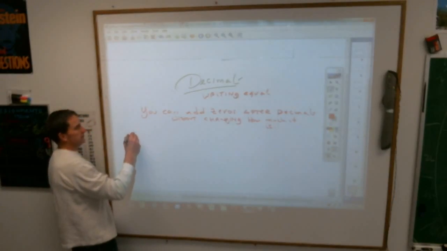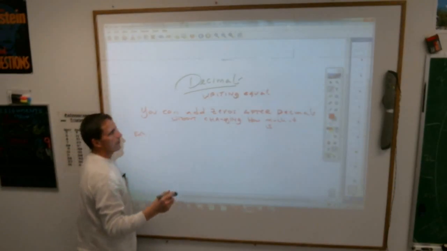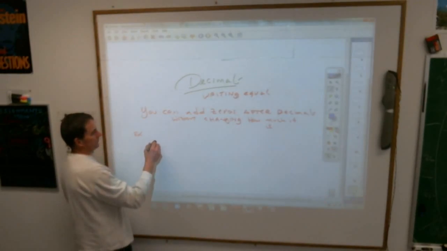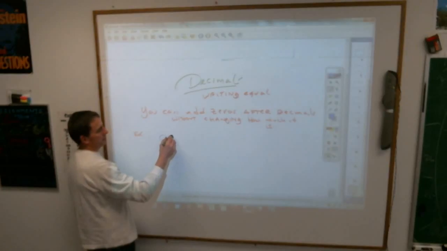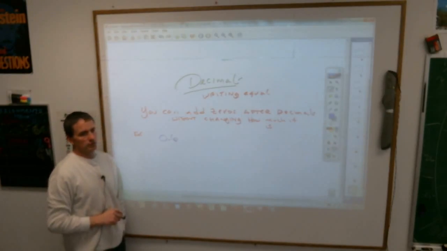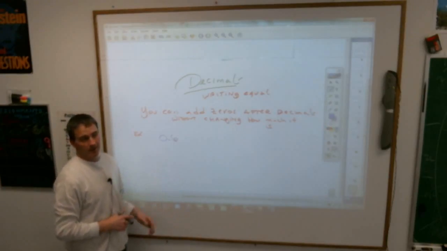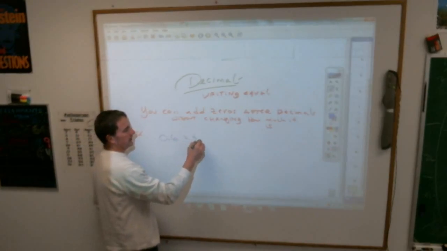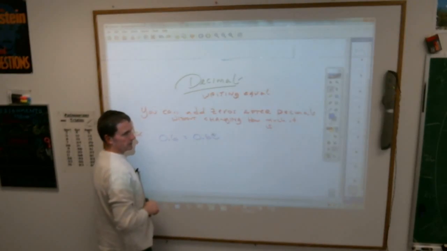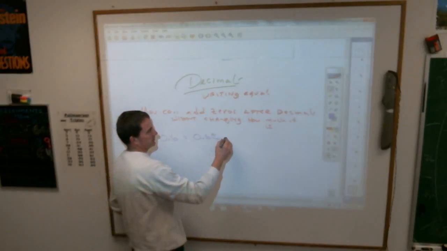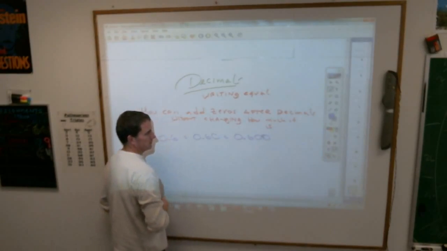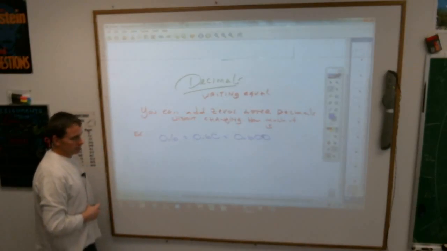For example, that just means this. If you have 0.6, which is 6/10, that is the same exact thing as 0.60, which is 60 hundredths, which is the same thing as 0.600, which is 600 thousandths.